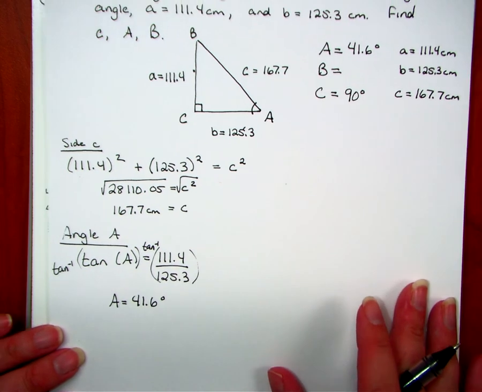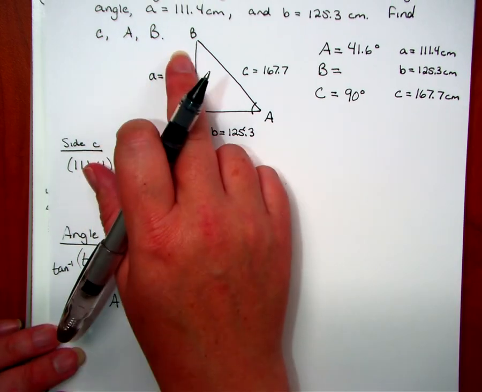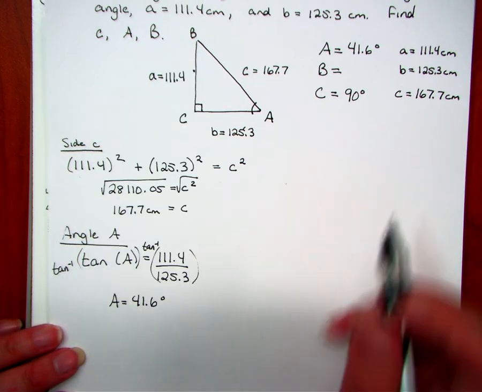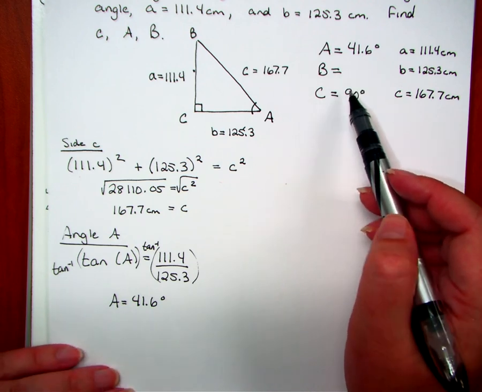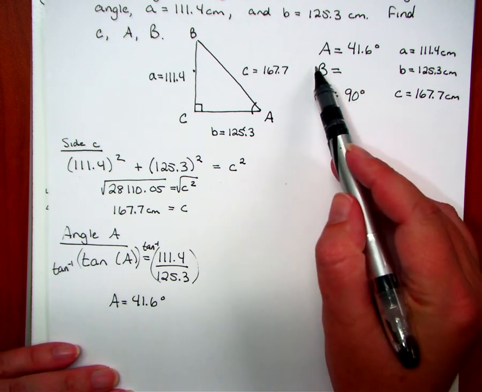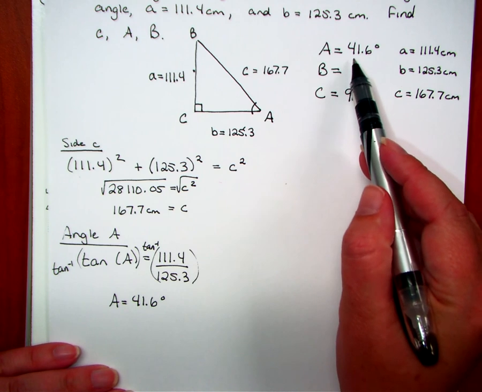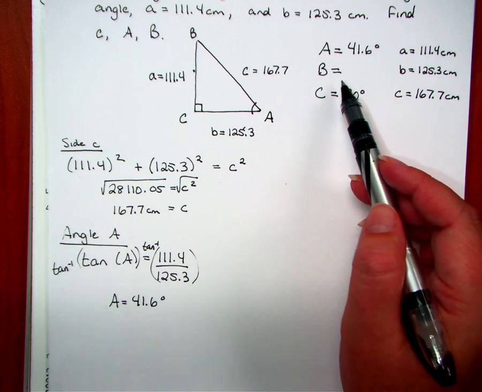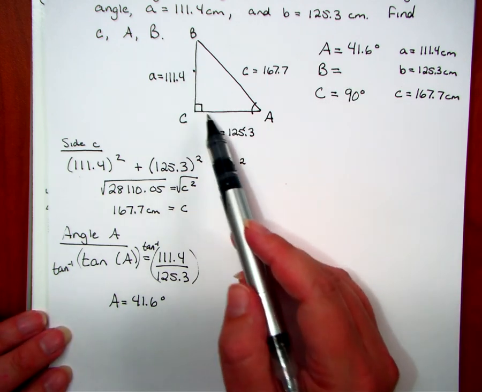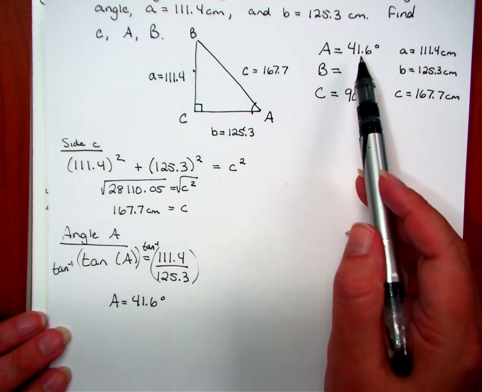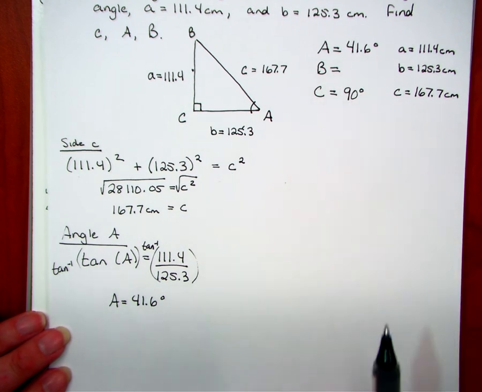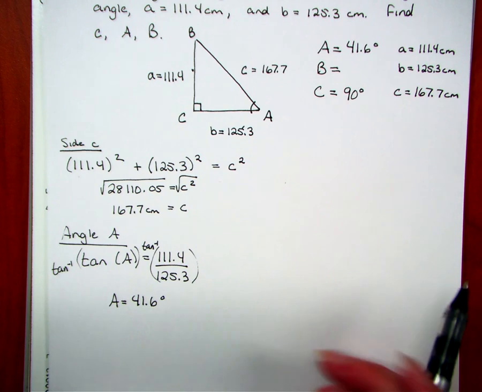All right, now we can use another tangent function to solve for angle B, but I am going to use the complementary angle and solve for angle B by knowing that A and B have to add up to 90 degrees. And that's because in the triangle we have 180 degrees. Angle C is 90 degrees, so these two added up have to be 90 degrees as well.